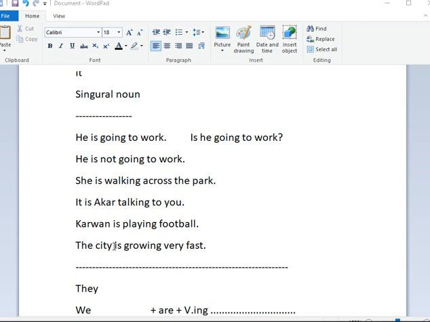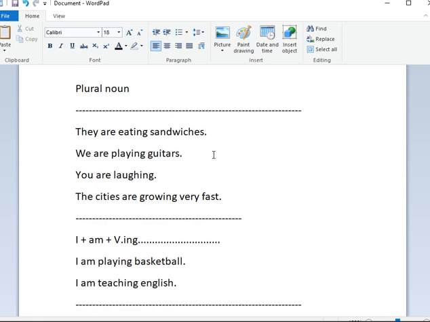Karan is playing. Karan is not playing. Is Karan playing? The city is growing. Is the city growing? The city is not growing. And for this one the same. They are not eating. Are they eating? We are playing. Are we playing? Or you can say we are not playing. You are laughing. You are not laughing.